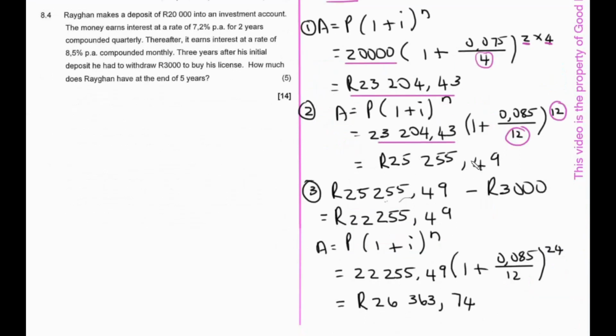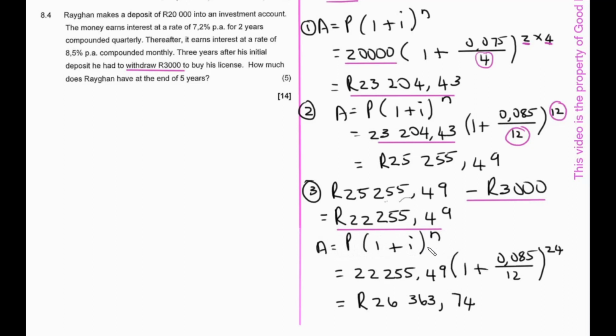We put that into the calculator, and we get 25,255 Rand and 49 cents. But they told us that he withdrew 3,000 Rand. And what we need to do now is subtract that 3,000 Rand that he withdrew. And that gives us 22,255 Rand and 49 cents.